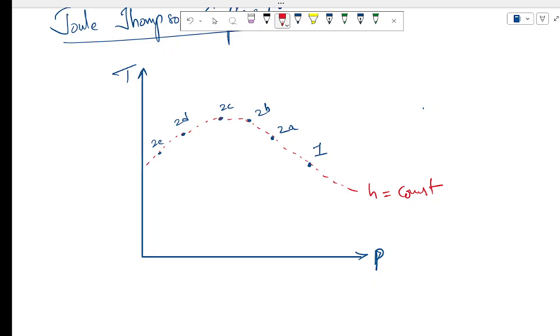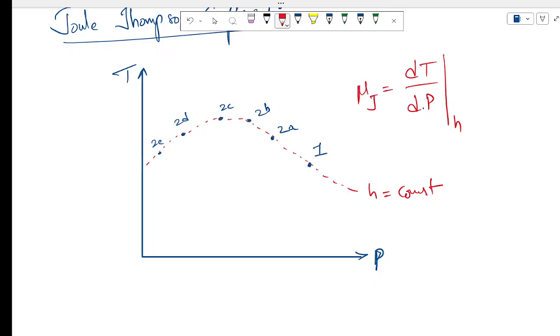Based on this curve, you will get a coefficient. That is a relationship between your pressure and temperature. Since temperature is on your y-axis here, you will take it as dT by dP, at constant enthalpy, and you will name this slope mu j.